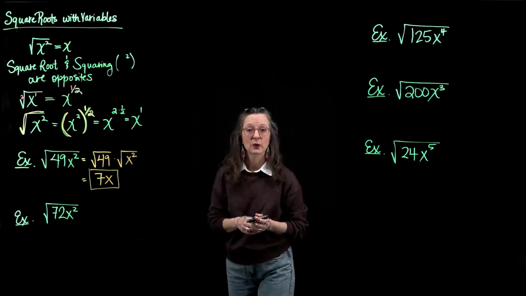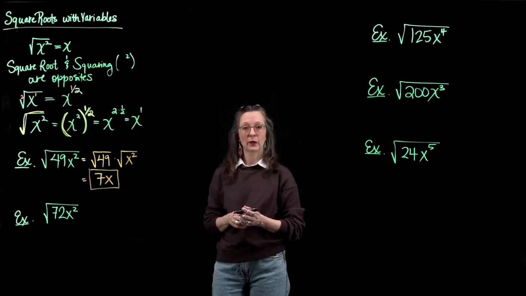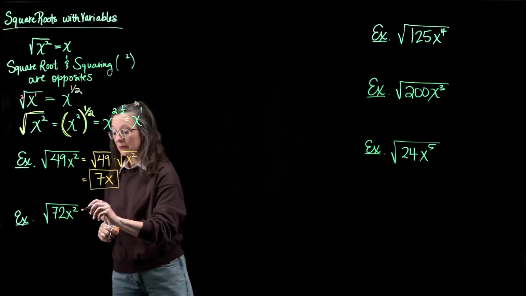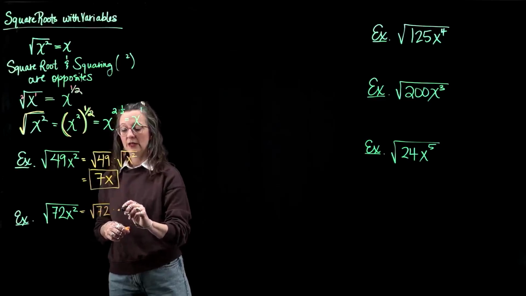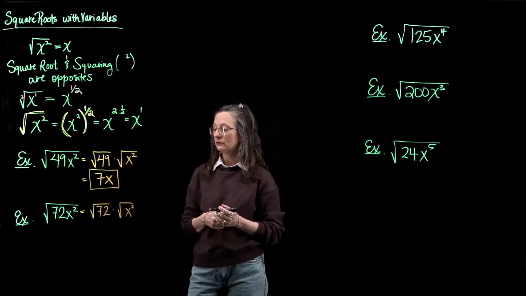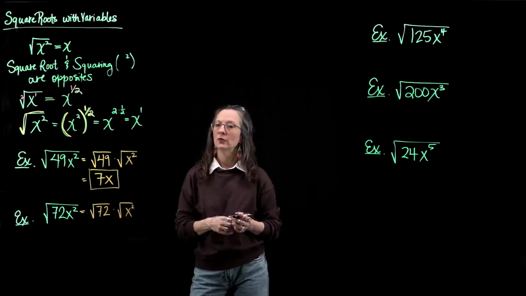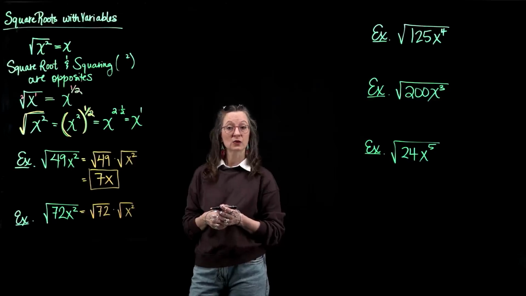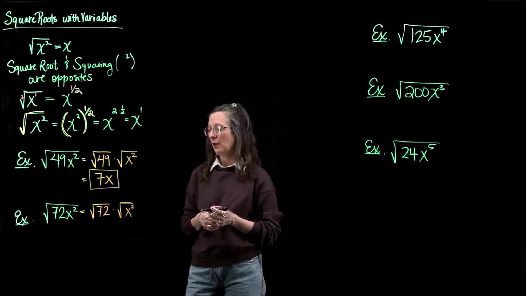Let's take a look at the next one. The square root of 72x squared. I'm going to break this one up as well. So I'll write it as square root of 72 times the square root of x squared. Well, square root of 72. 72 is not a perfect square, unfortunately. So we're going to have to break that one up.